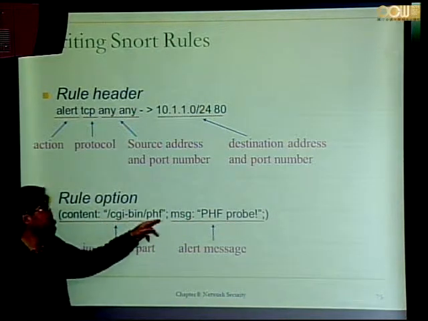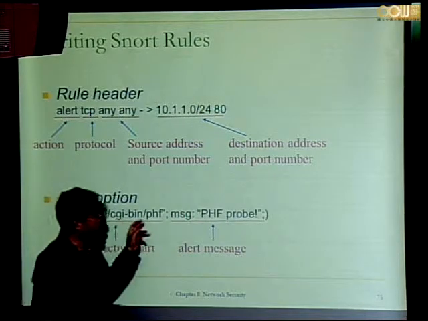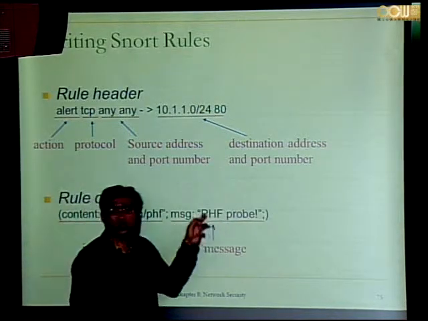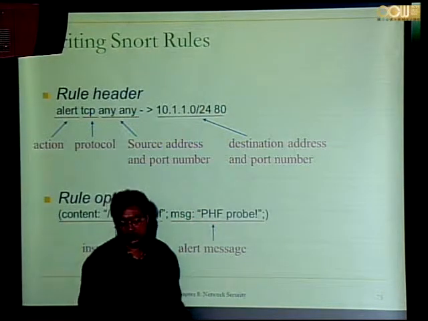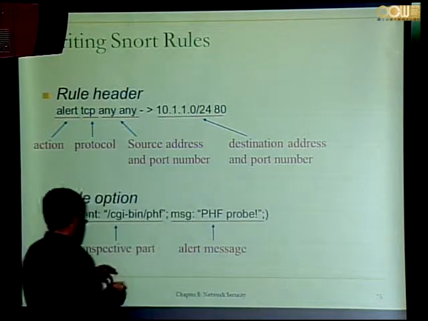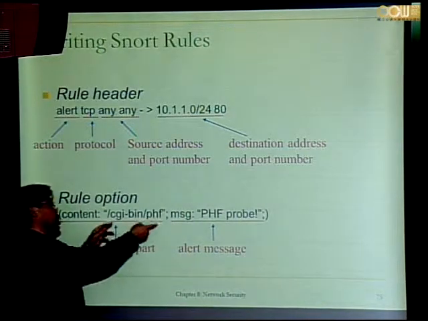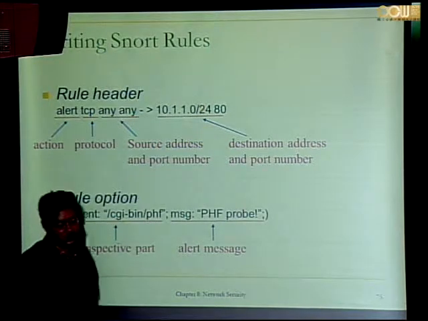It's an attack. This is attack traffic, and I would log a message saying this is a PHF probe. So I'm looking at the HTTP request to see if it has this signature.